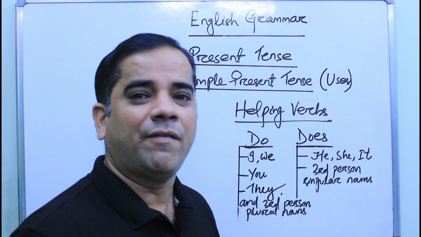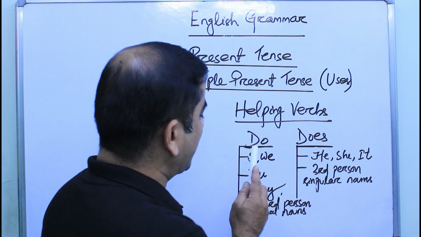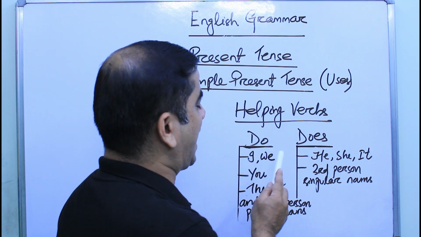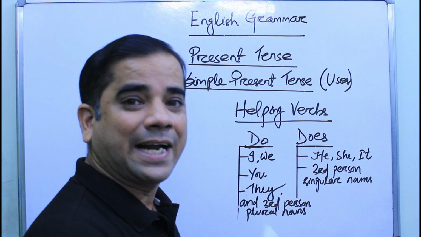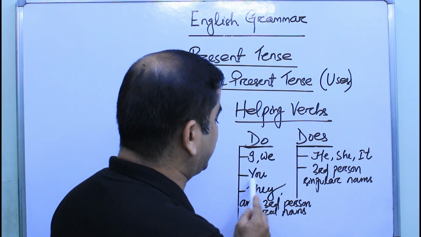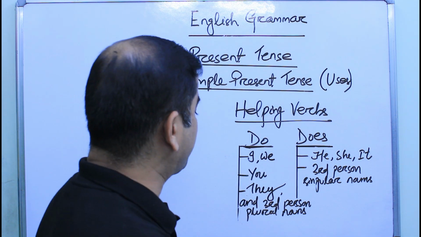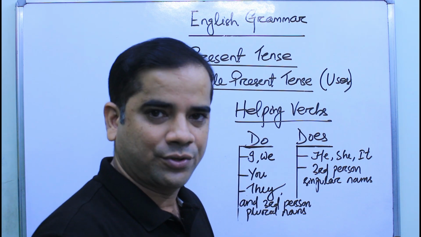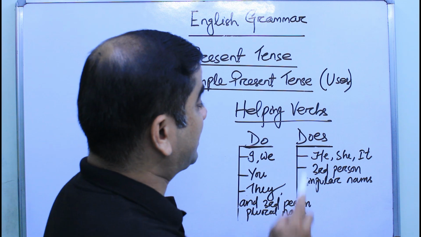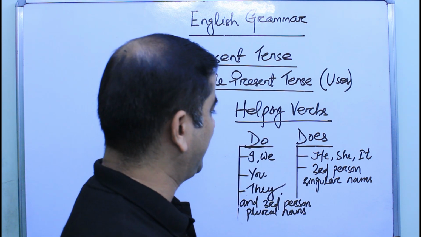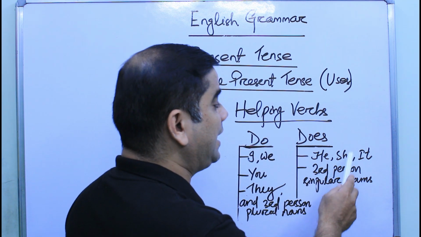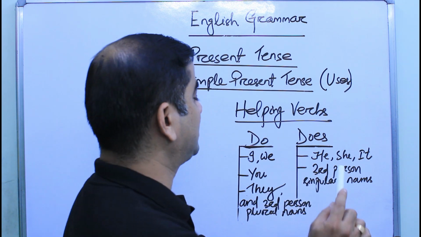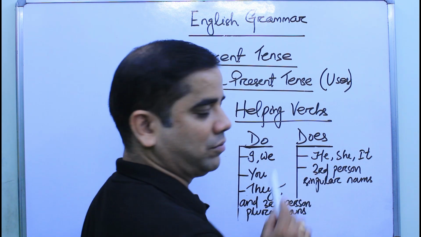Students, helping verb do is used with first person singular I and plural we. Second person singular and plural which is you. Third person plural that is they, and all the plural nouns. Okay. The helping verb does is used with he, she, it and all other third person singular nouns.